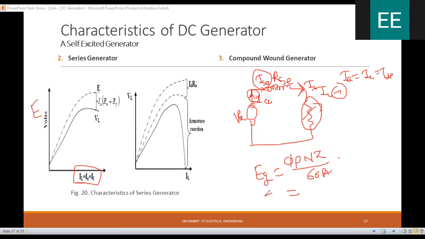So this equation becomes EG equals K into phi. So according to this we can write EG is directly proportional to phi.